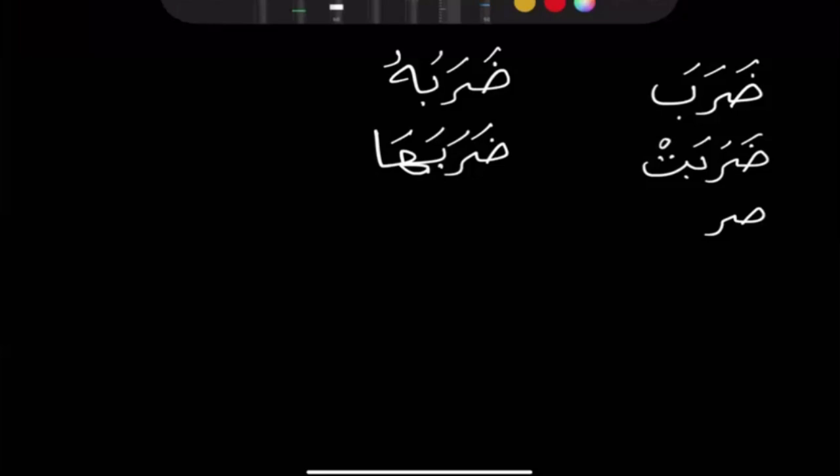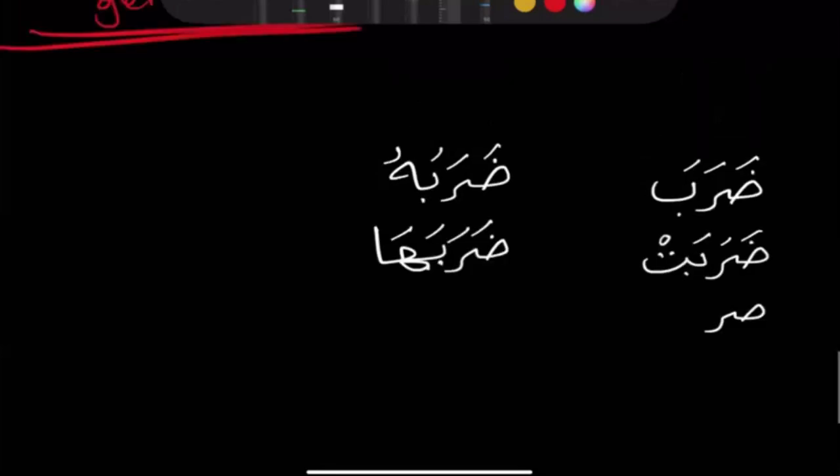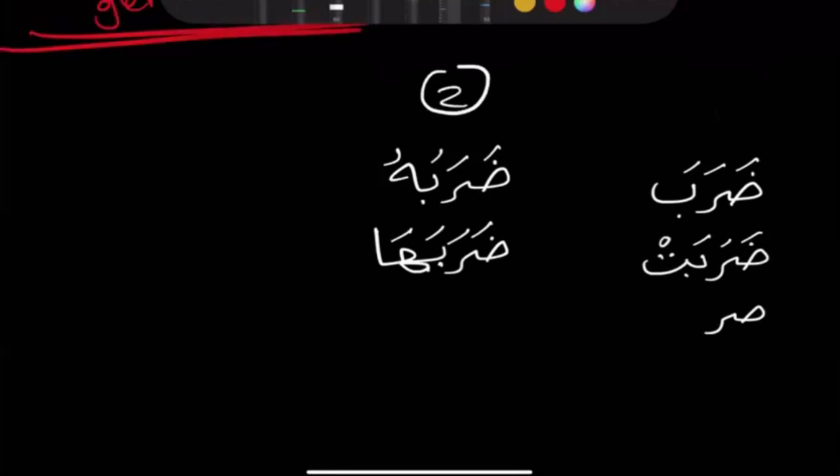So daraba, he struck; darabahu, he struck him; darabat, she struck; darabaha, he struck her. In the second column, it's always going to be he struck, and then we need to see what's receiving the strike.